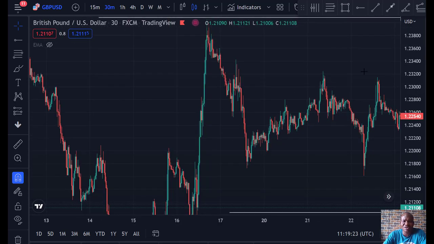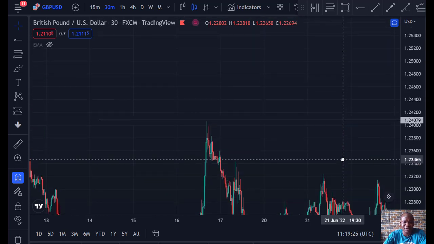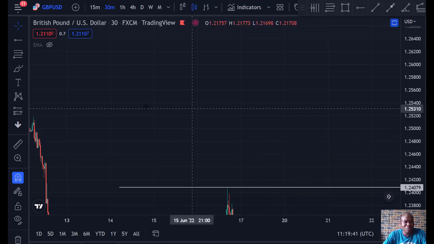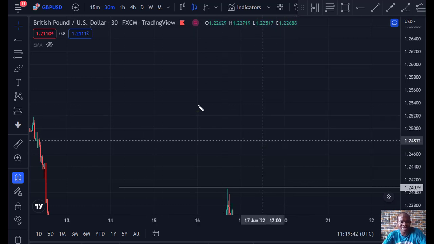Now, the second thing you need to understand is the time frame, the kind of trader you are. Personally, I swing trade most of my crypto pairs, and I day trade some of my forex pairs. So you need to understand the kind of person you are. There are two things that I need you to pay attention to.